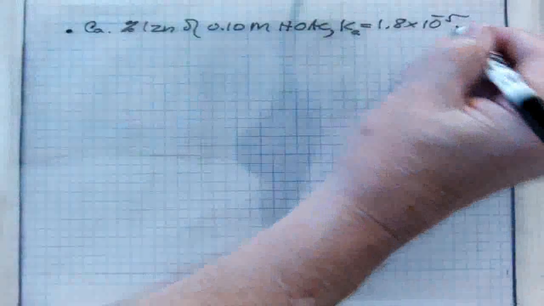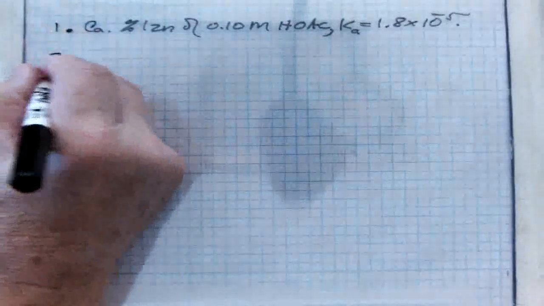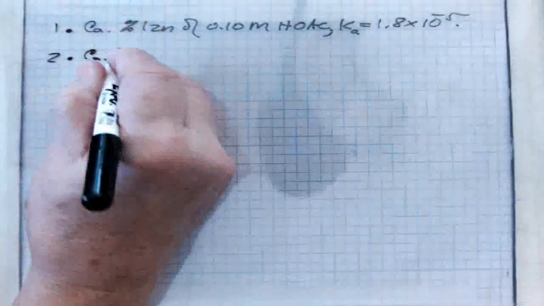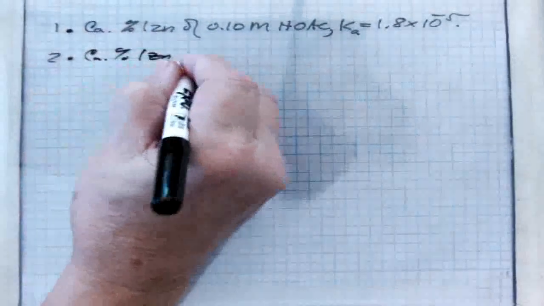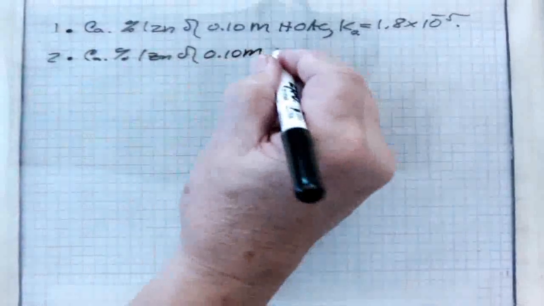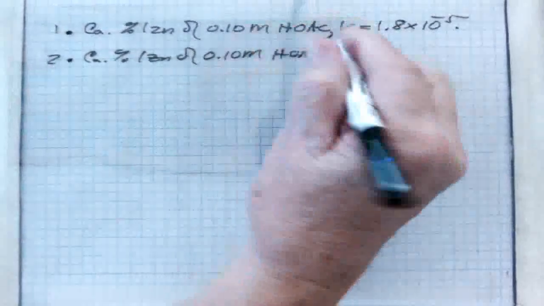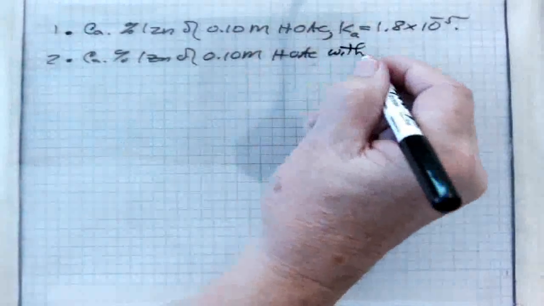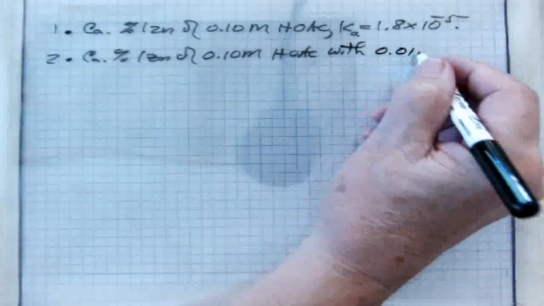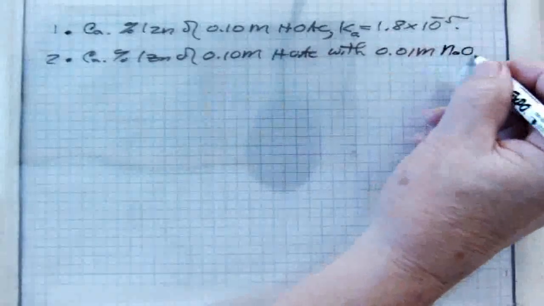Well, you're only really interested in the acetate ion, and the sodium is not a common ion to the HOAc. So we call it normal ionization, that is in pure water. You do not have any common ions.